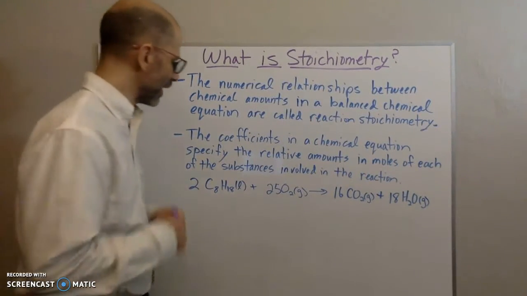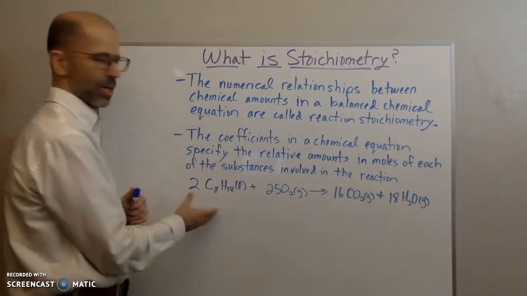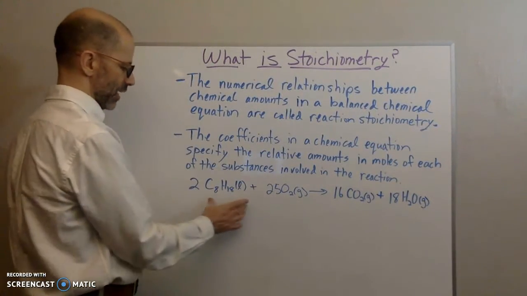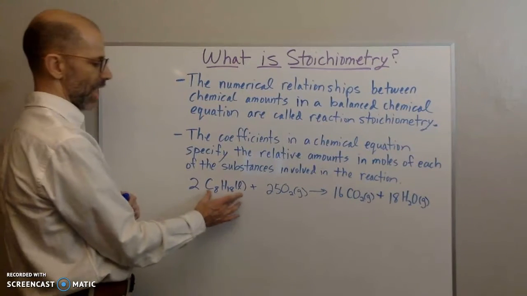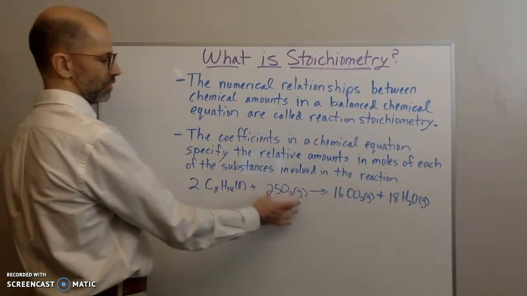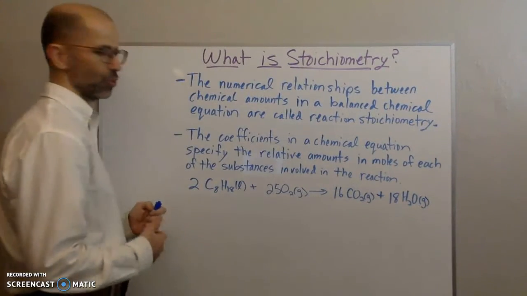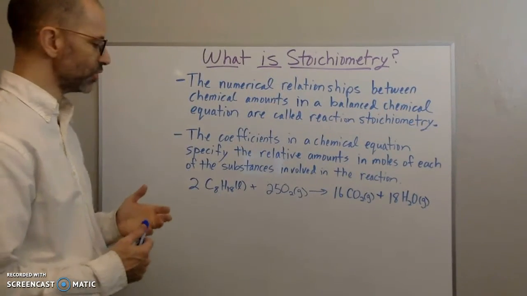So what that's saying is if we take this reaction here, this is a combustion reaction. I'm taking this substance here, which is octane, and I'm burning octane in the presence of oxygen, and I'm getting carbon dioxide and water, assuming that this is a complete combustion.